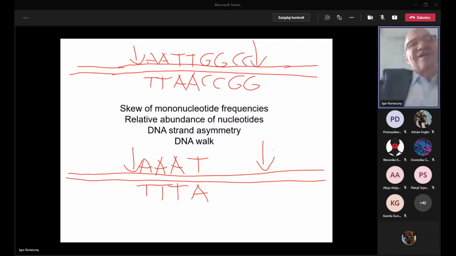So that gives asymmetry between the distributions of particular nucleotides between the top and the bottom strand.